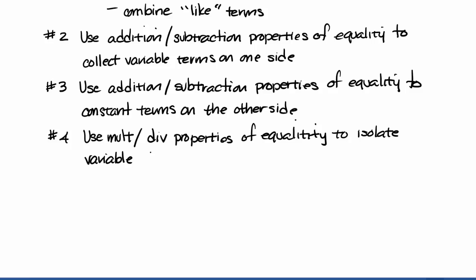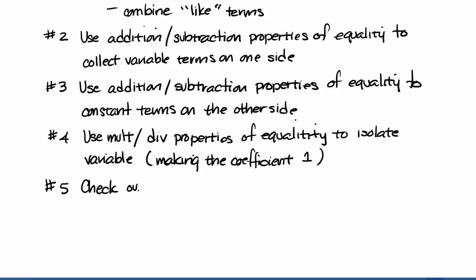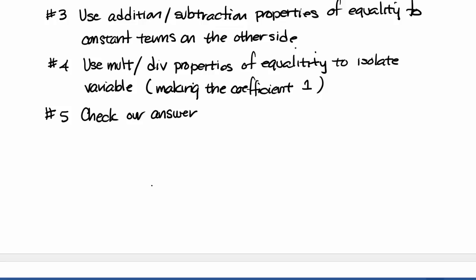Right, so this is making the coefficient 1. So we're dividing out the coefficient. Right, and of course, the last thing we should do is check our answer. Okay, so let's go through and do a couple of examples.